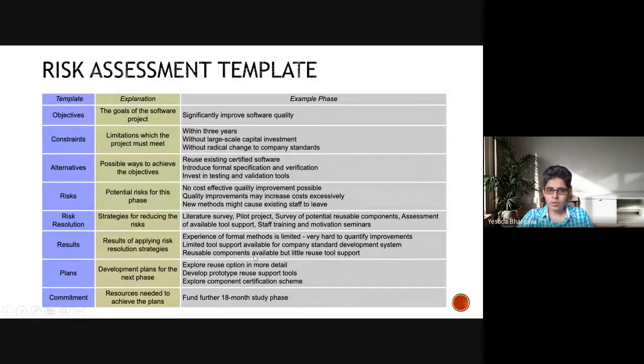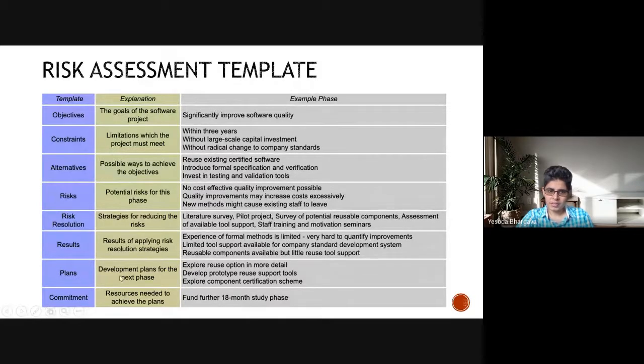But they found out it was causing a lot of overhead. Experience of formal methods was limited in the staff, so it was very hard to quantify the improvements, and there was limited tool support available for the company standard development system. These were the limitations they were facing, and as a result the outcome they were expecting was not up to the mark.